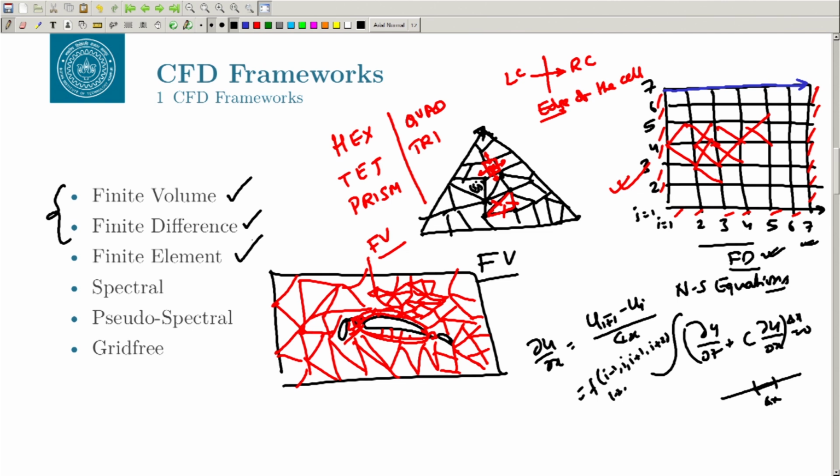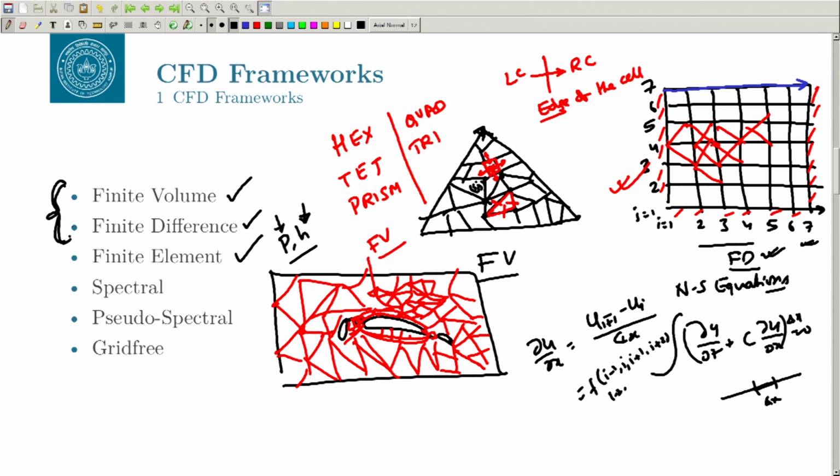Because it is inspired by structures, it is called an element here, and then you have accuracy in terms of P and H. P is basically the polynomial and H is the size of the element. So, you can fit a polynomial inside an element, and that gives you more accuracy in calculating the gradient, and with H you can decrease or increase the size of the element. So, in this course we will mostly cover finite difference and we will have some information about the finite volume.